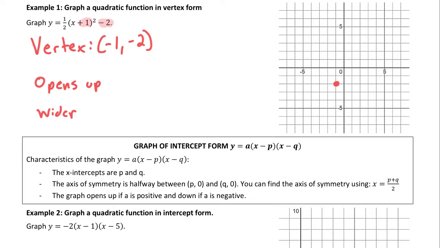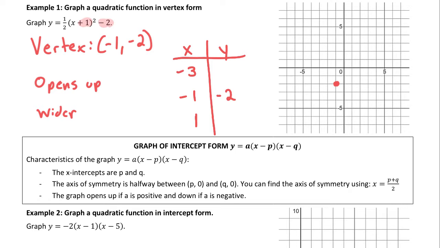Now the issue is we need to know other points that we can graph to show the shape of this parabola a little bit better. It's not good enough to just guess and check. So what I'm going to do is make a table, and I'm going to center my points around the point negative 1, negative 2, that vertex. I'm going to pick the points negative 3 and positive 1.